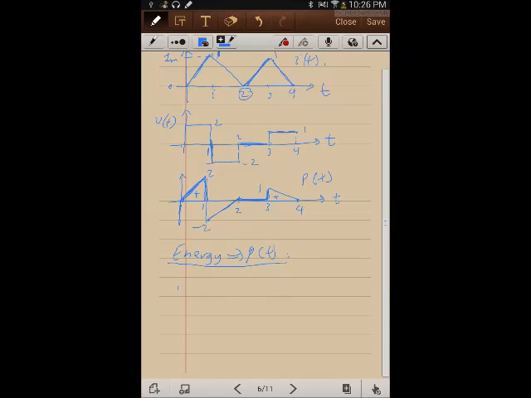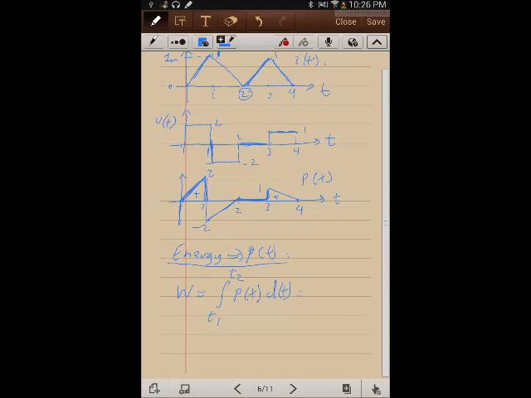So energy will equal the integral from t1 up to t2 of p as a function of time, dt.